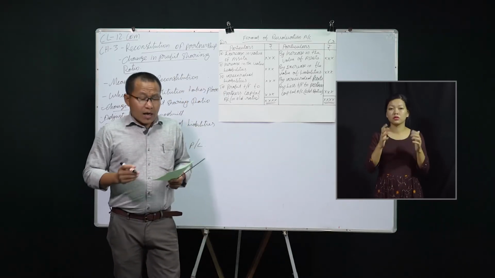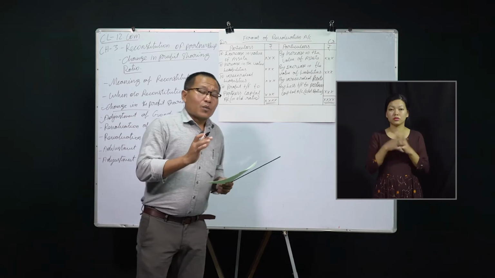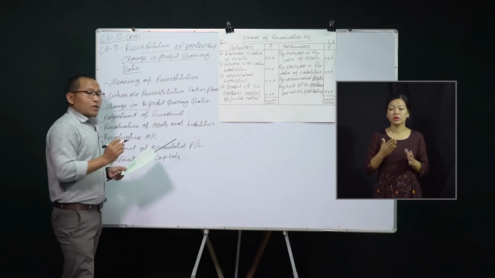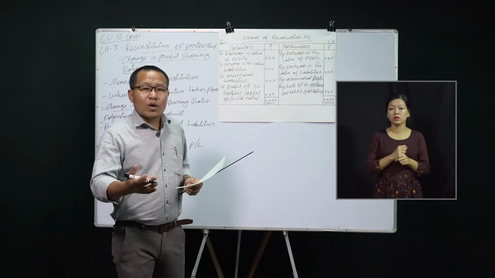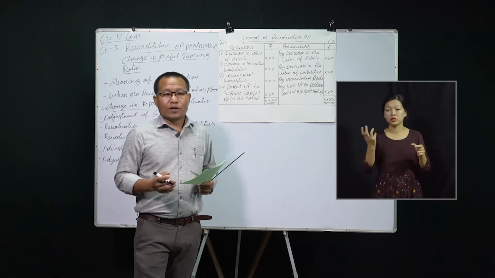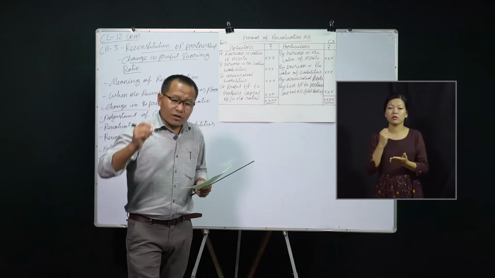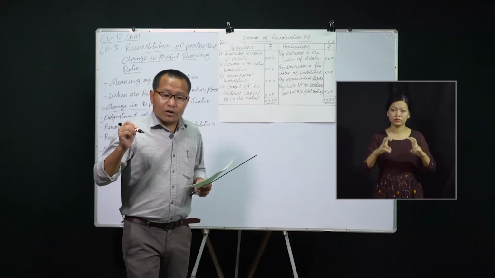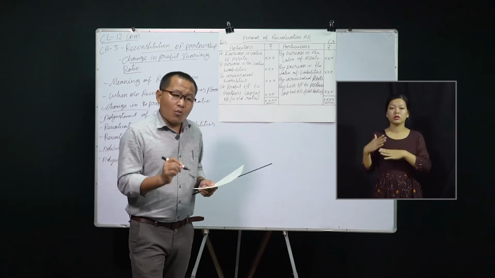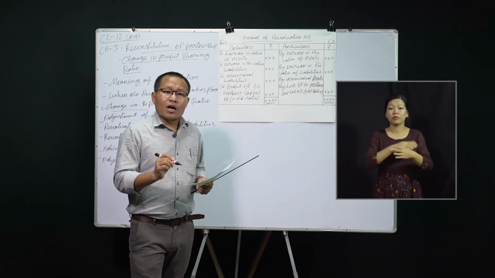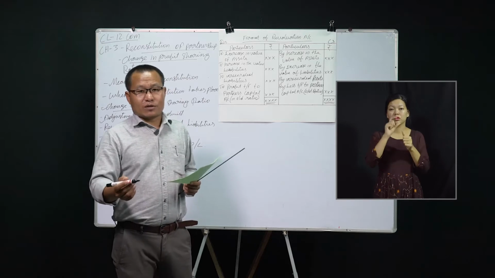When we make an adjustment for goodwill, first we will have to calculate the gaining ratio and sacrificing ratio. After we get the value of goodwill, we will have to calculate how much the gaining partner has to give to the sacrificing partner.